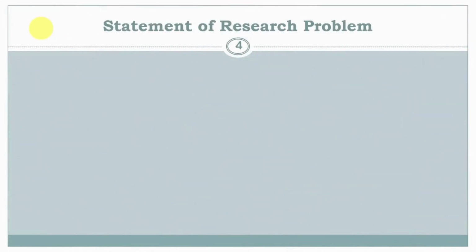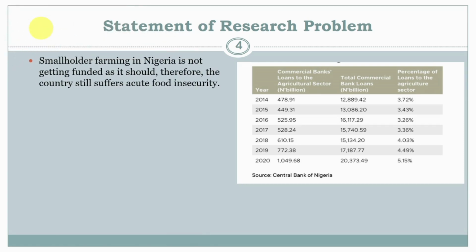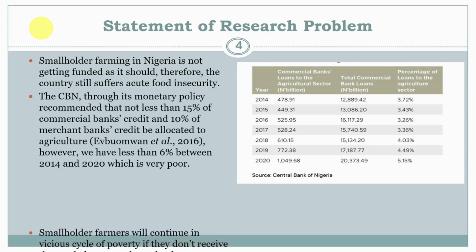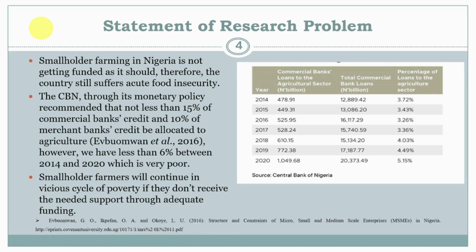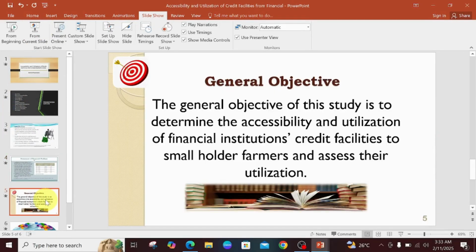Instead of using the table once, we have the statement of the research problem, and the table slides in. When the table slides in, then you pick up the point just the way we did for the previous. You pick up the second point, the third, and the reference, and that settles that.